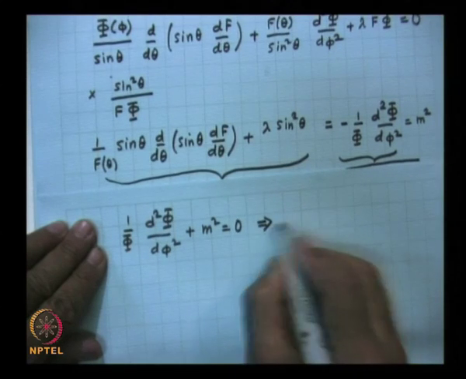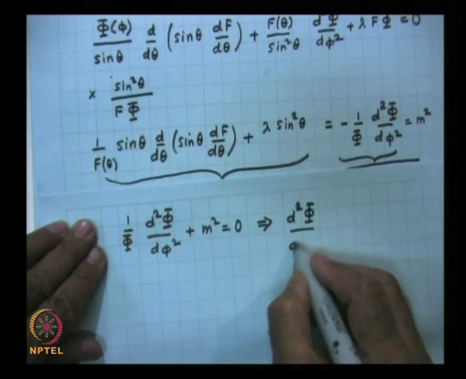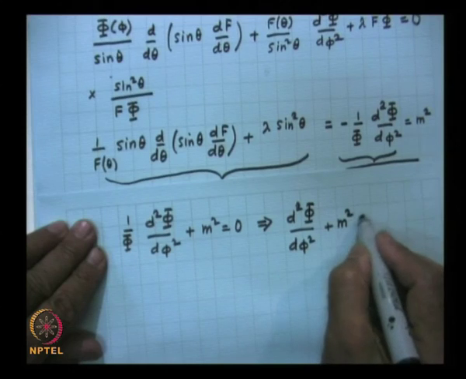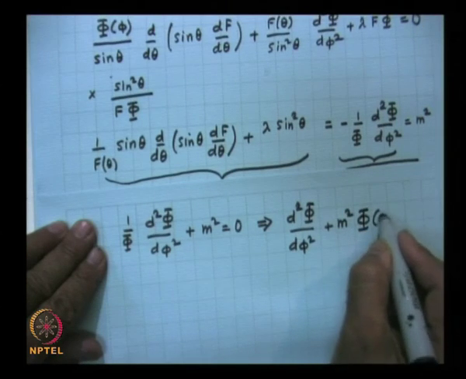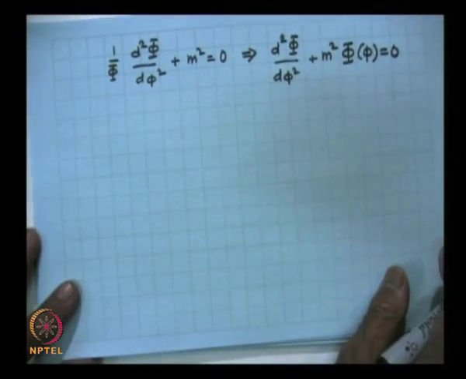This will imply d2 phi by d phi square plus m square capital phi of phi is equal to 0. The solution of this is extremely simple.